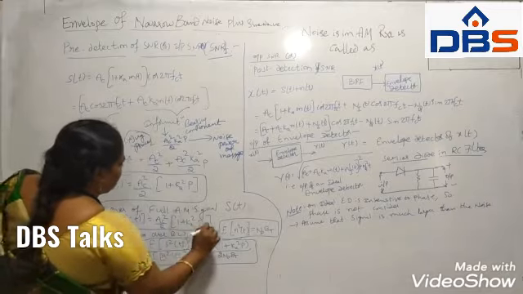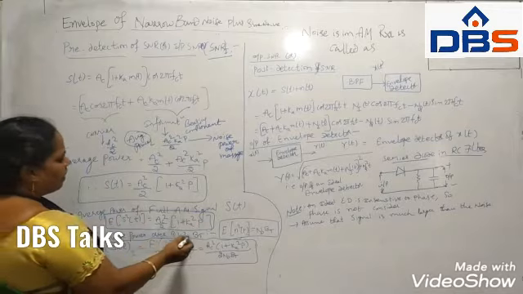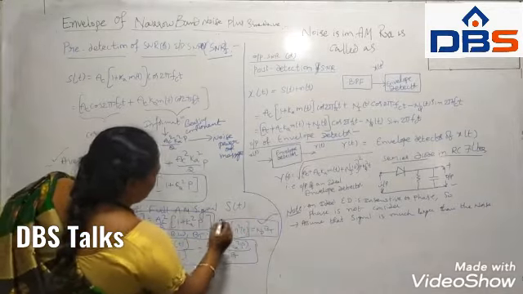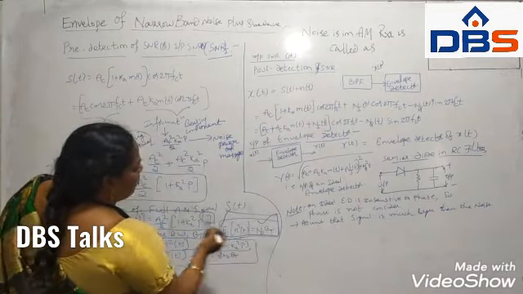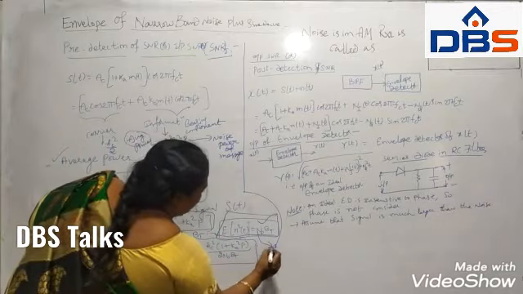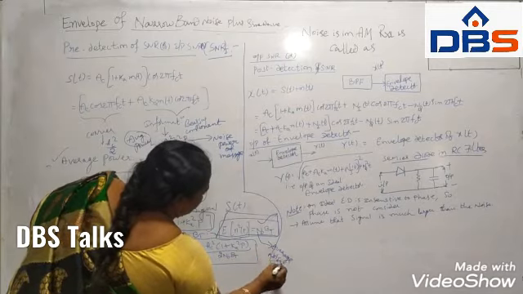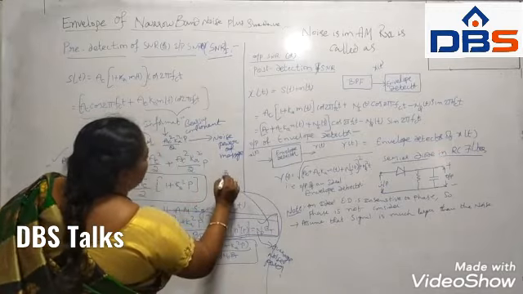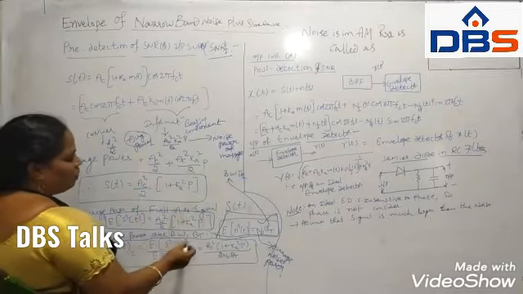And the noise power over the transmission bandwidth: E of n square of t is equal to N0 into Bt. Here this is the average noise power, and Bt is the transmission bandwidth. So that is the noise power over the bandwidth.